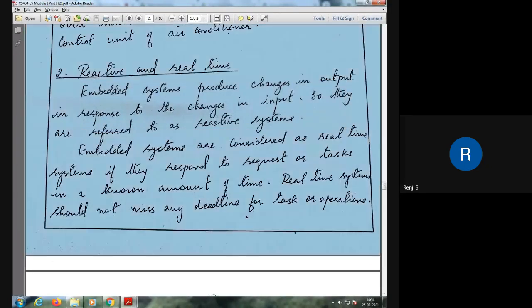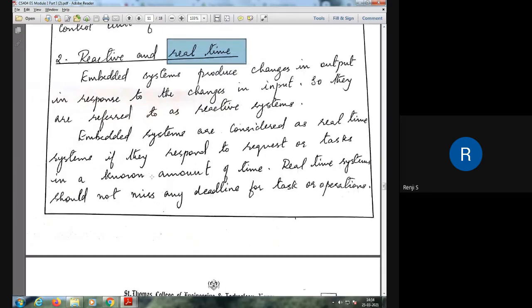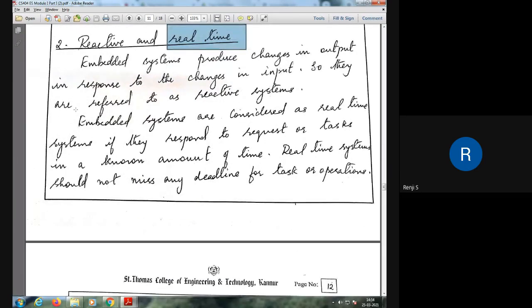As the second characteristic says, it is reactive and also real time. So what is a real time system? The next paragraph gives the definition of a real time system. Embedded systems are considered real time systems if they respond to requests from tasks in a known amount of time. Suppose a task is to be completed within a particular time limit, and the system performs what it has to do within that limit, then we say that it is a real time system.